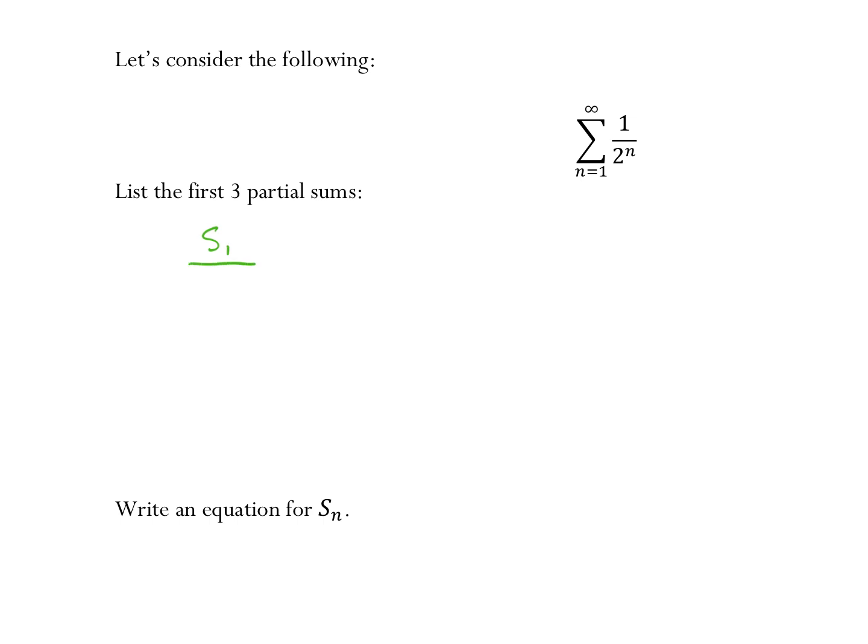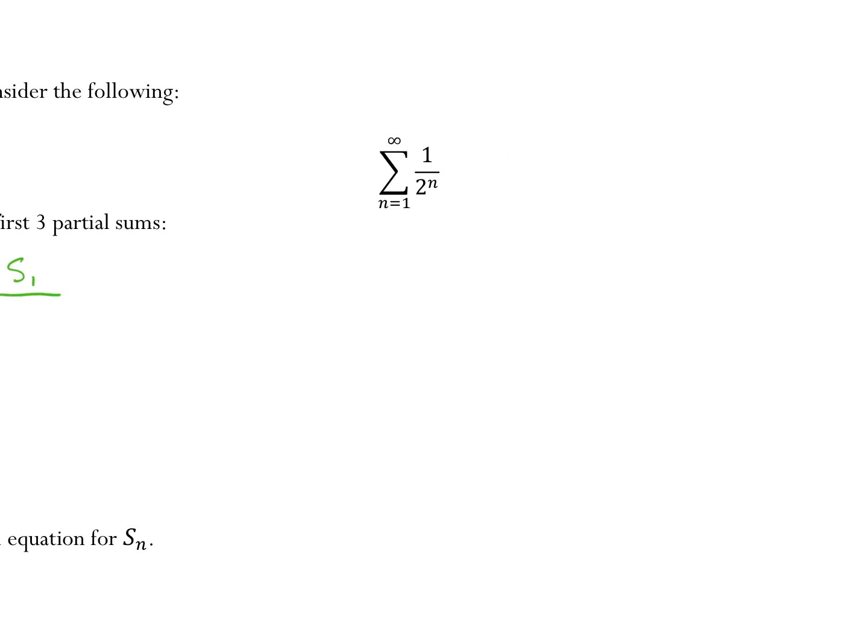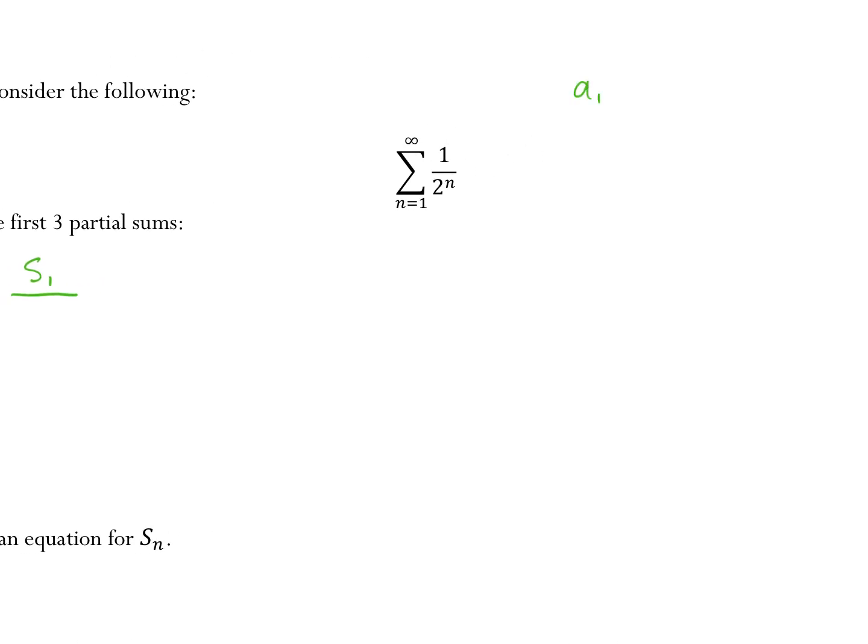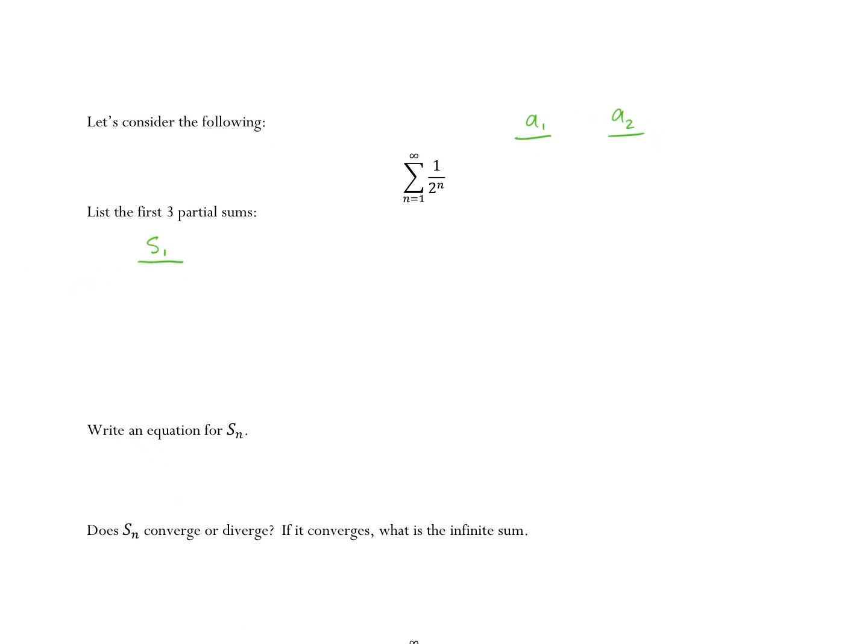So, in order to work through this, to find our series, let's start with listing our first three terms. Because in order to get our first three partial sums, we're going to want to look at our first three terms.